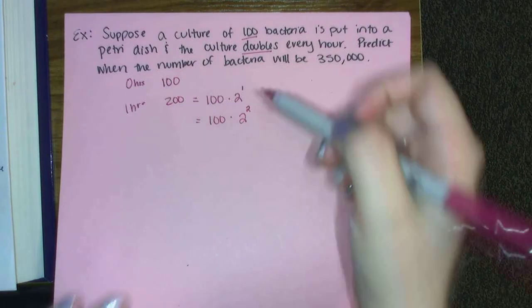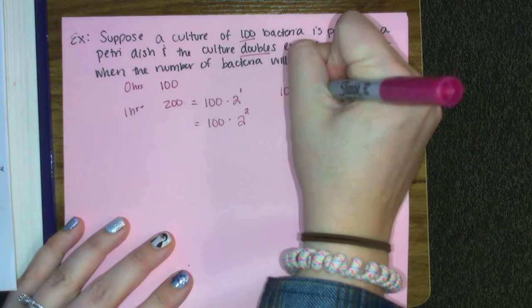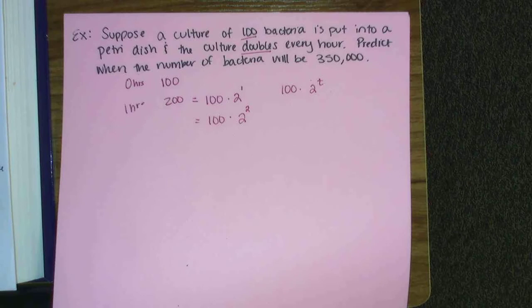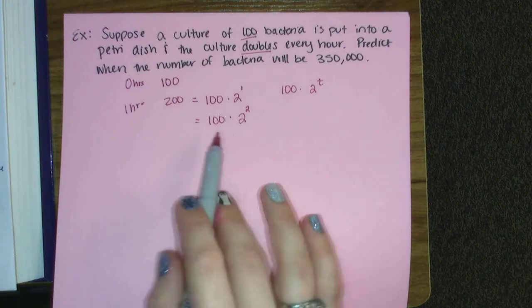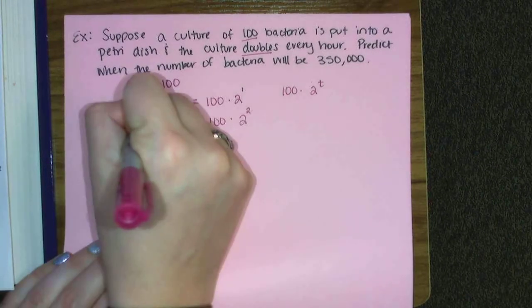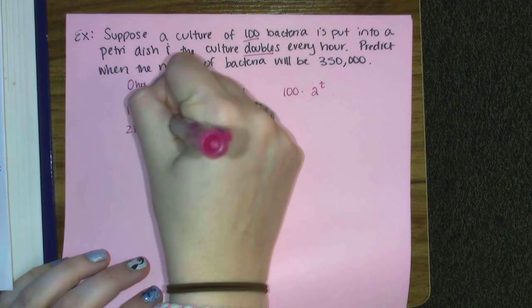Because remember, in reality, this is 100 times 2 to the t, where t is the number of hours that have gone by. So, how many do I have after 2 hours? 400.